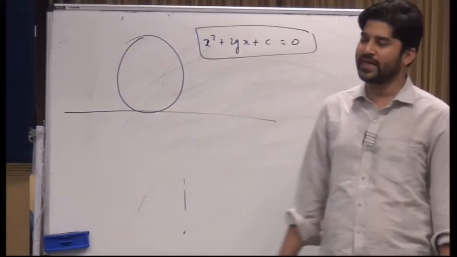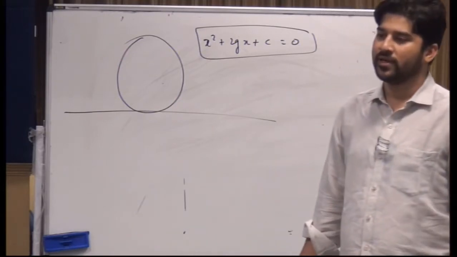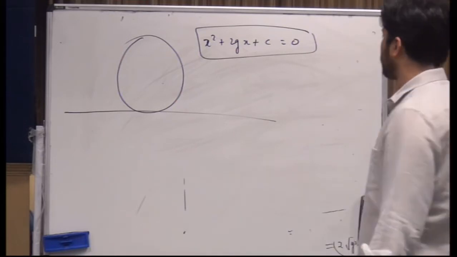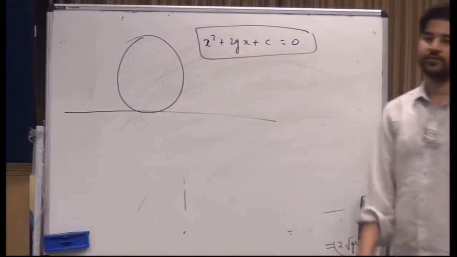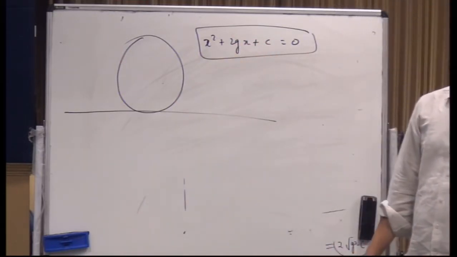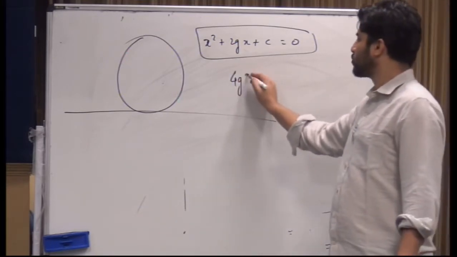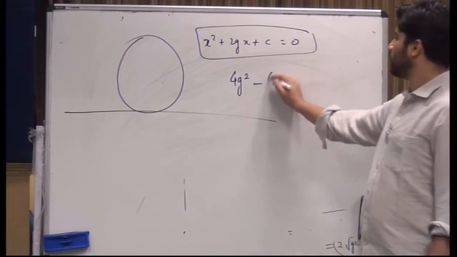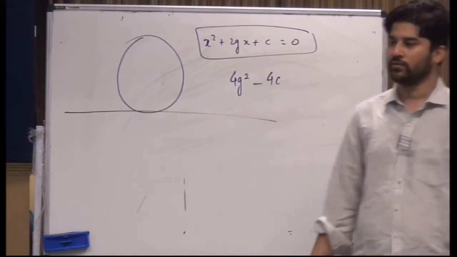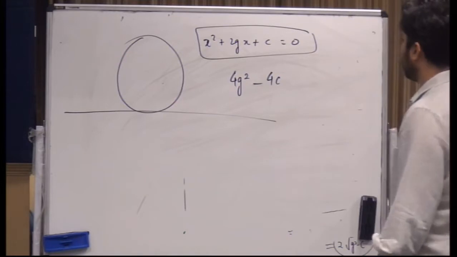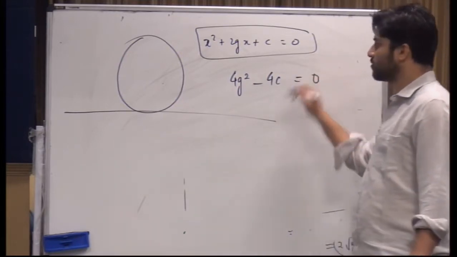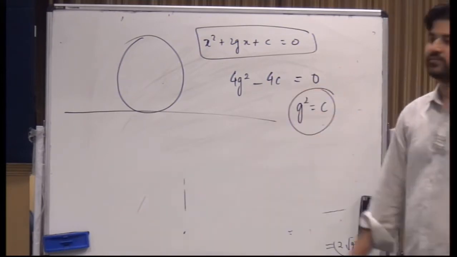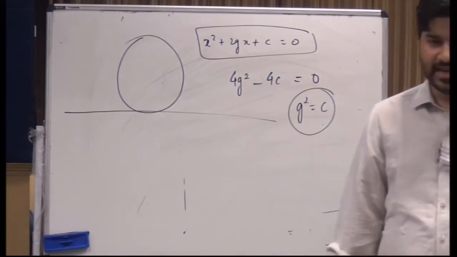For ax square plus bx plus c, what is the discriminant? b square minus 4ac. So what is the discriminant going to be here? 4g square minus 4c, right? And it has to be equal to 0, which means if g square is equal to c, then the circle touches the x-axis.